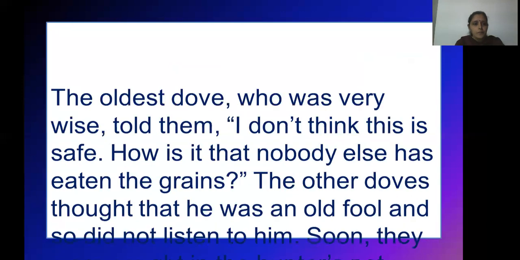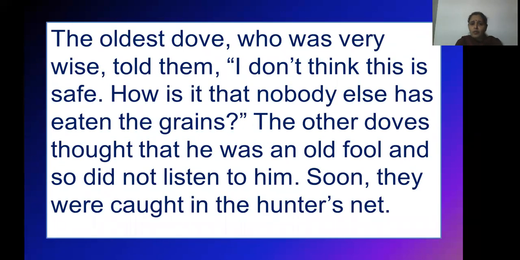The oldest dove, who was very wise, told them, "I don't think this is safe. How is it that nobody else has eaten the grains?" The other doves thought that he was an old fool and so did not listen to him. Soon they were caught in the hunter's net. Understood till here?